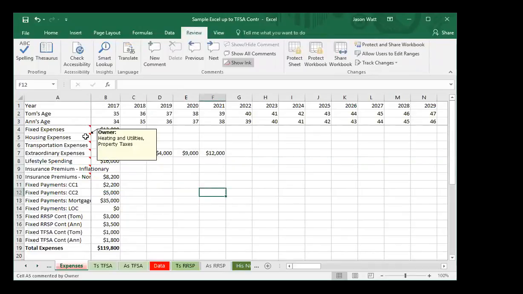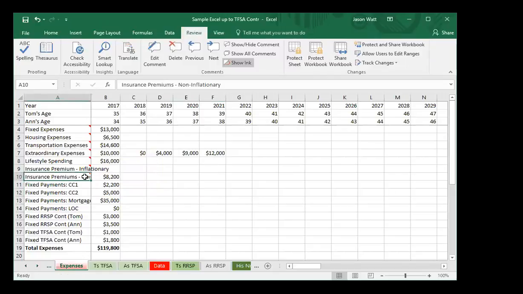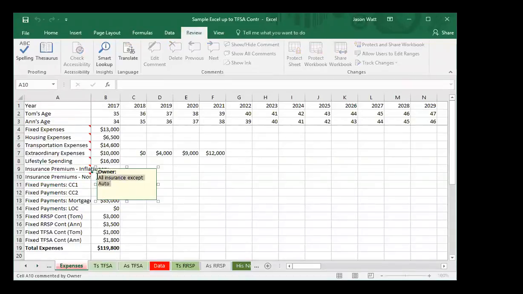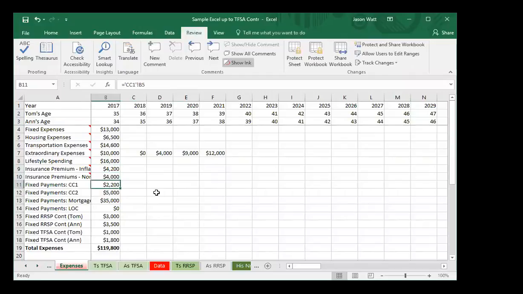Did I put, yeah, so my home insurance is down here and my non-inflationary stuff is going to be my life and disability insurance. And now I'll break those out accordingly. Maybe 4,200 here and 4,000 here, or whatever it breaks out to.